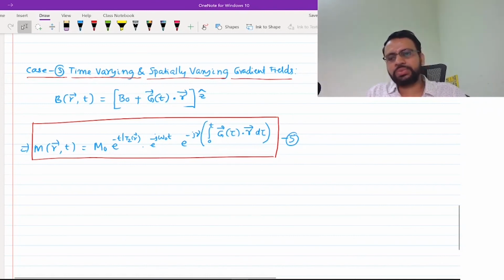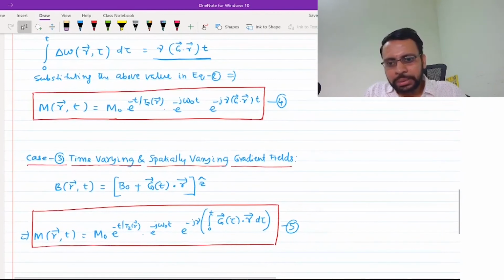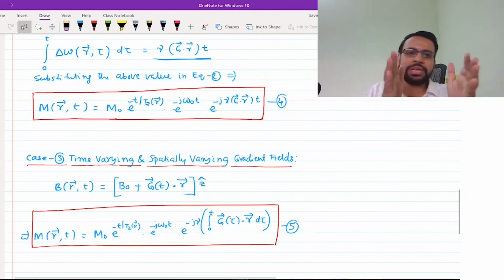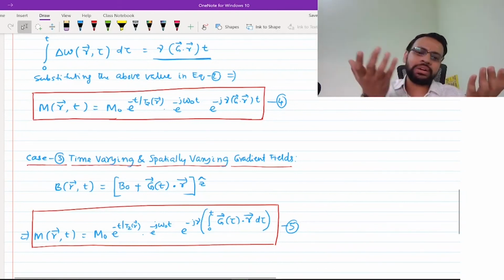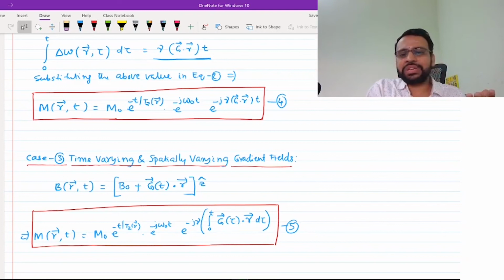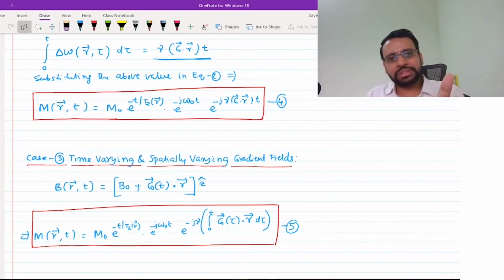So this function is what you need to give there, which is nothing but g bar of t times r bar. Earlier, this function varying only spatially, you had treated it as a constant and that's why you simply multiplied with t. Now all you need to do is put that function there and integrate it with respect to time analytically. Perhaps if you can express g bar of t analytically, you will get an analytical expression there, and that's what you are going to get as your M.